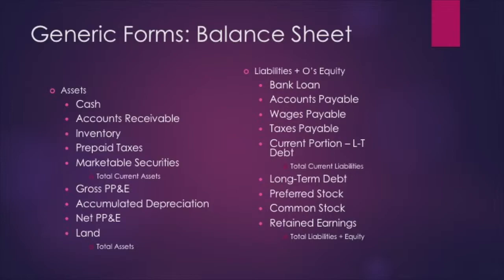On the liability side, you will include debt such as bank loans, accounts payable, wages payable, taxes payable, and any long-term debt. If this is a company, you would include preferred stocks, common stocks, and retained earnings. But if we are looking at a nonprofit organization, you will look at the net assets instead of the equity.